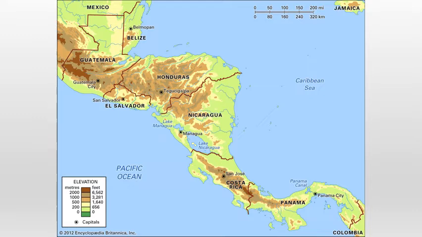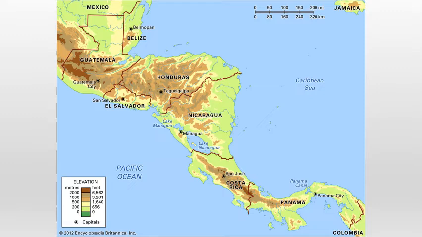So the darkest colors are the highest points. For example, if you had a question on this, which country in Central America has mountains, that would be Guatemala, right? The darkest color is the mountains. And also, yes, Costa Rica too.